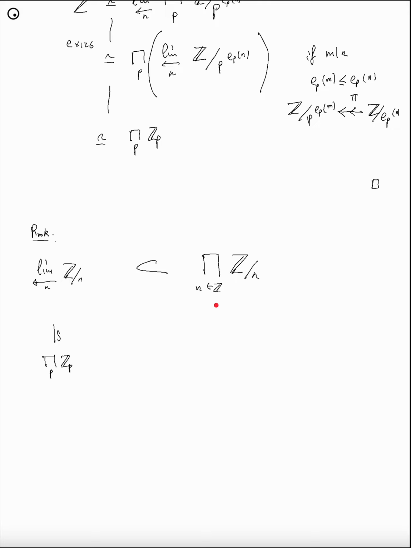Any element here can be written as x_0, x_1.